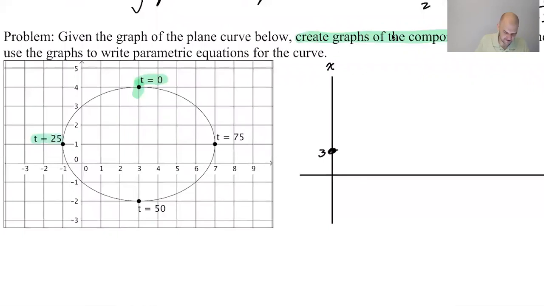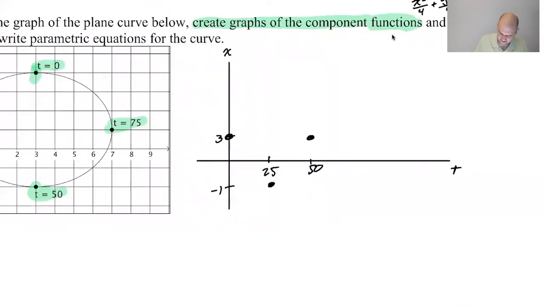When t is 25, x is -1. So 25, and then -1. Okay, and then when t is 50, x is back at 3. 50, we're back at 3. And then when t is 75, we're all the way up at 7.